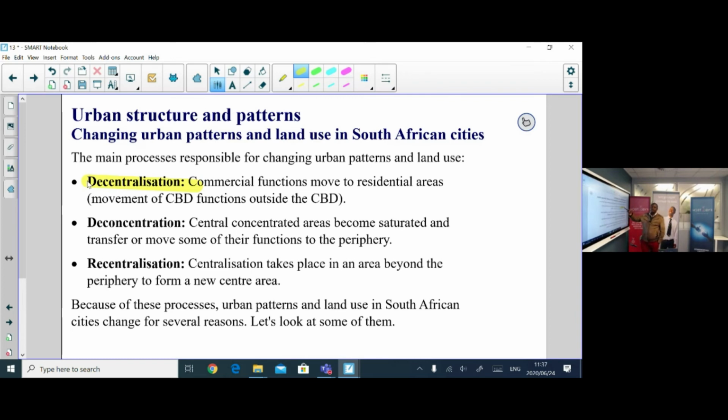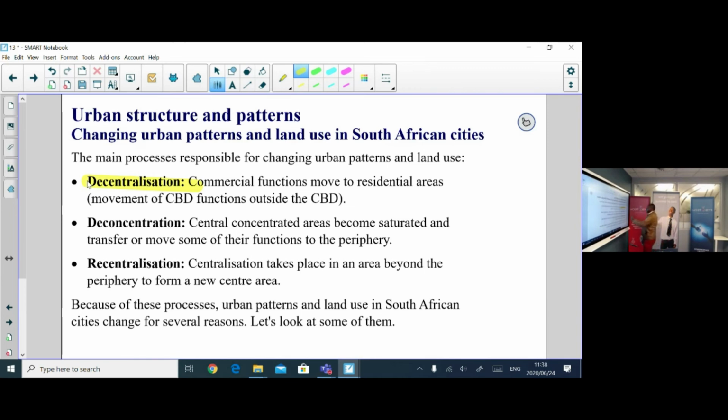So you have malls constructed in the residential areas, and people are now buying in their residential areas, and they don't have to travel to the CBDs.